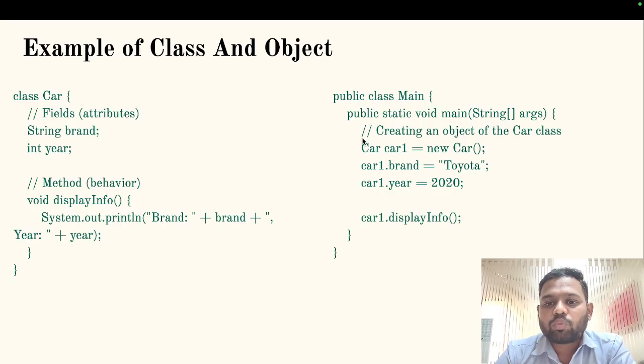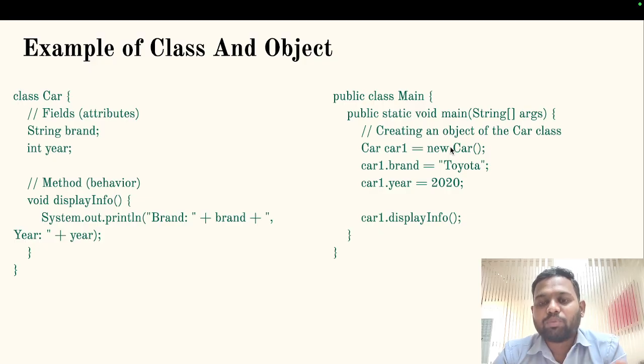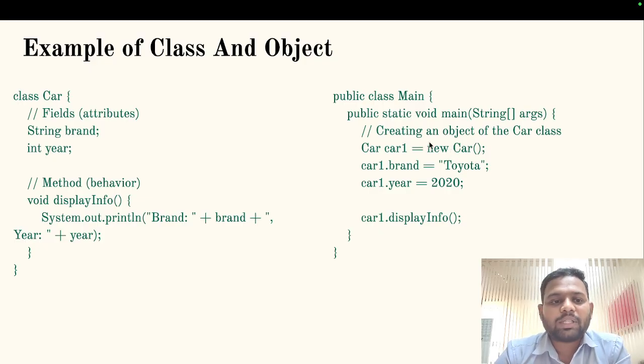Use the name of the class, then the object name equal to new, this keyword to assign a new memory location for this car, and this is the constructor of this class. We'll discuss it later. Then using the dot operator we can access these properties, brand, year, and the display info method.